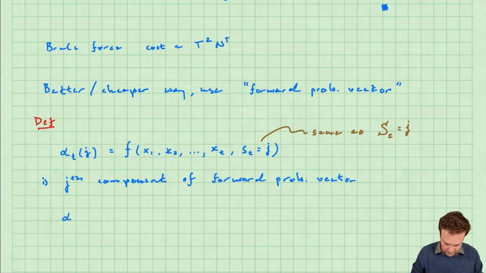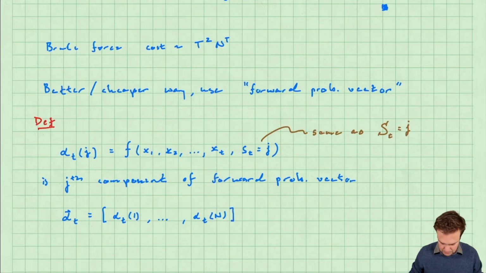So you could write it as alpha. And so we'll write it as a row vector, like that.